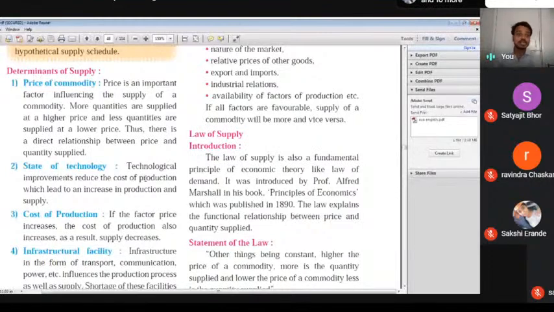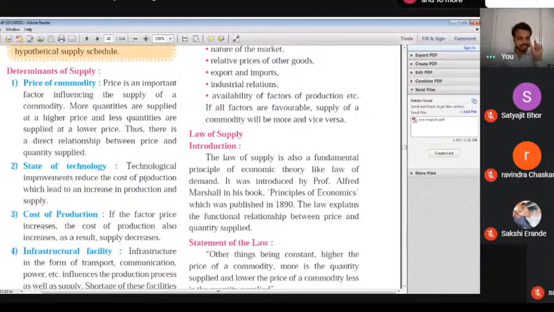When price is high, quantity supplied is more, but when price is less, quantity supplied is less. Remember, demand is different and quantity demanded is different.